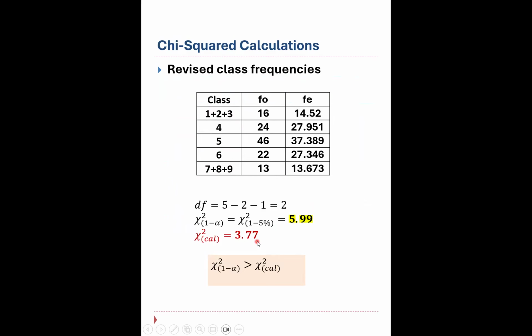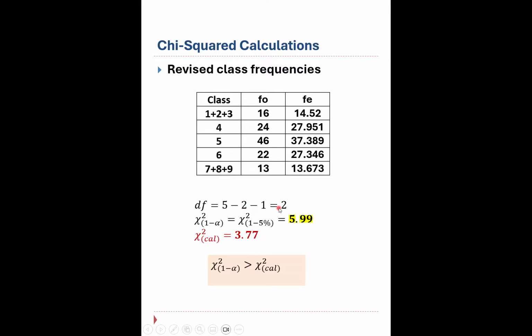So here it turned out to be 3.77. And for the degrees of freedom, we have 5 classes, minus 1, which is the one condition, and minus 2, because 2 parameters, mean value and standard deviation, were calculated from the data.